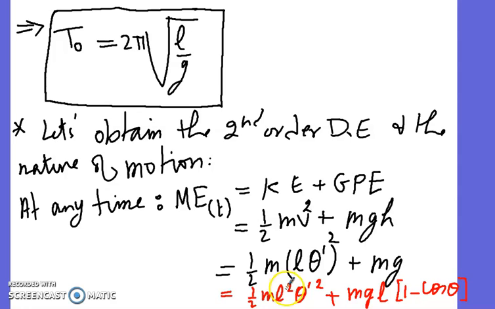So let's take the derivative of our expression. Half m L squared is a constant, but a multiplicative constant. The derivative of theta prime squared is like the derivative of u squared in mathematics. It is 2 theta prime theta double prime. And the derivative of cosine theta is like the derivative of cosine u, which is minus sine u times u prime. Okay?